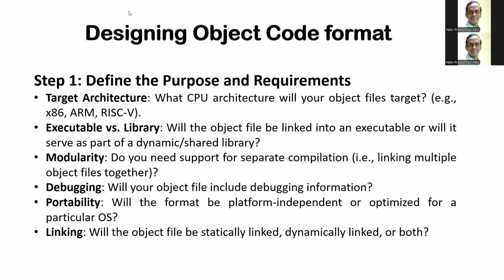Another important aspect is, do we want that format to be platform independent, or do we want it specifically for a particular operating system? And while talking about this purpose and requirement, we also have to see whether the object file would be statically linked, dynamically linked, or linked in both ways.